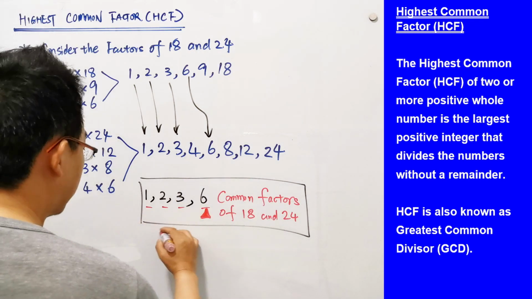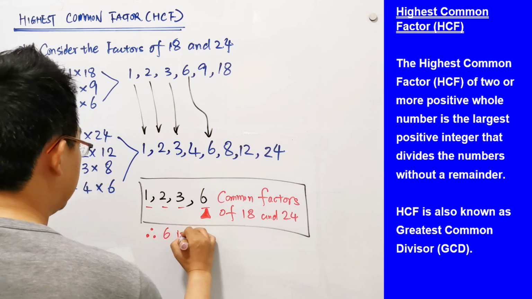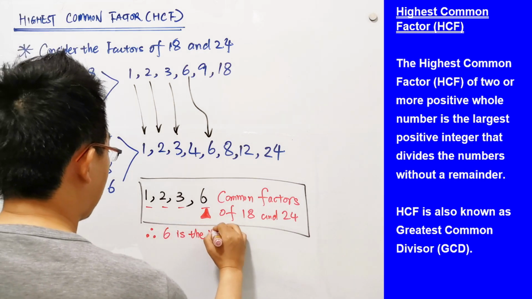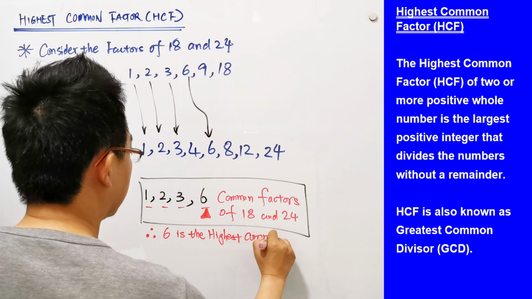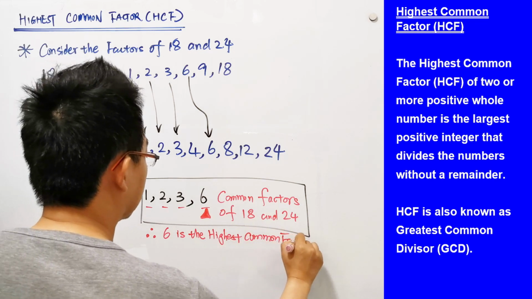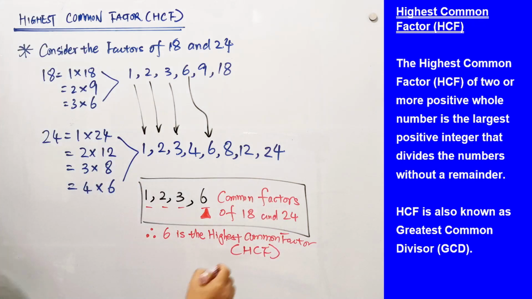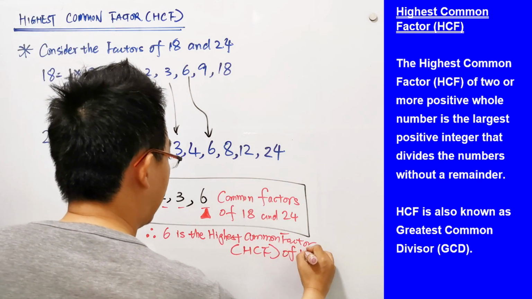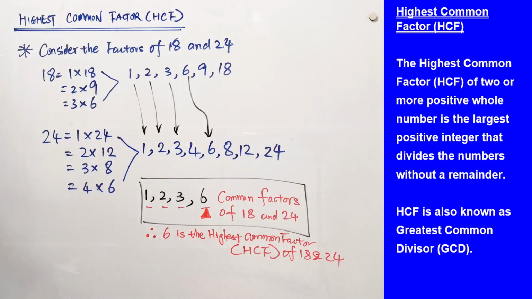So we give it a name, right? Therefore, 6 is the highest common factor, or we call it HCF, of 18 and 24. Okay, let's remember this.